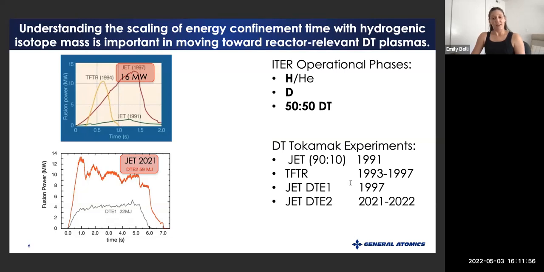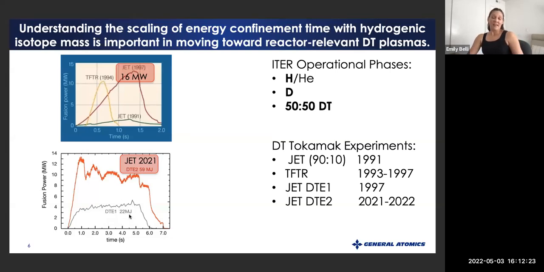This was then eclipsed in 1997 when JET ran its own 50-50 DT campaign, which ultimately produced 16 megawatts, which is still the current record today. But even more importantly, during this campaign, the scientists were able to demonstrate stable, sustained, high confinement mode regimes, for example, by sustaining 4.5 megawatts over a 5-second pulse for 22 megajoules.